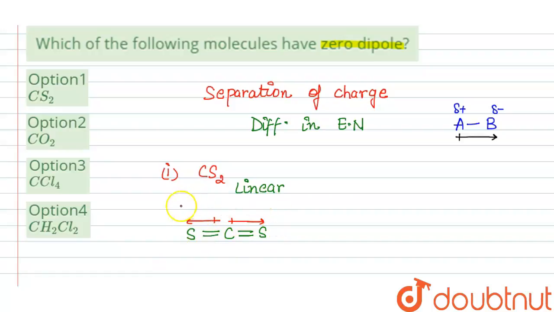So the dipole moments in both the directions will get cancelled out and the overall dipole moment of the molecule will be 0.